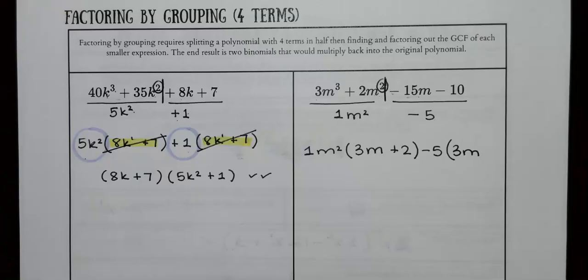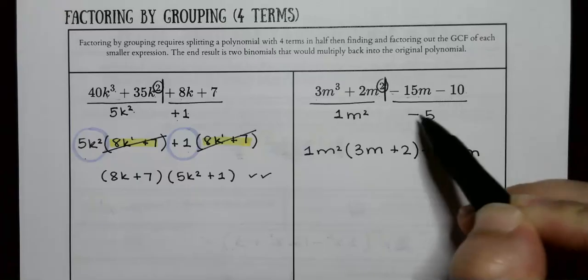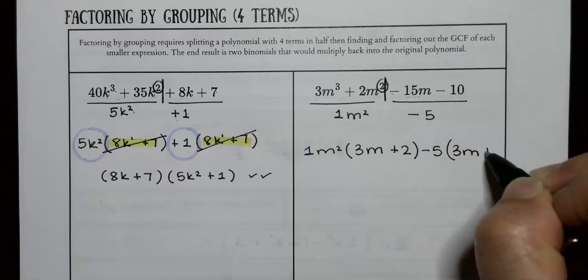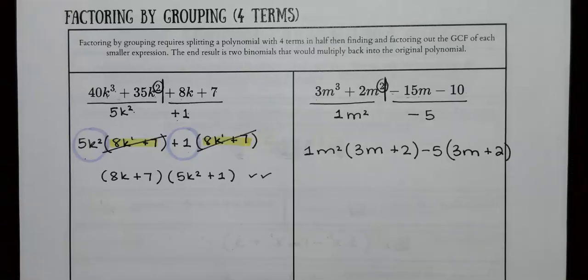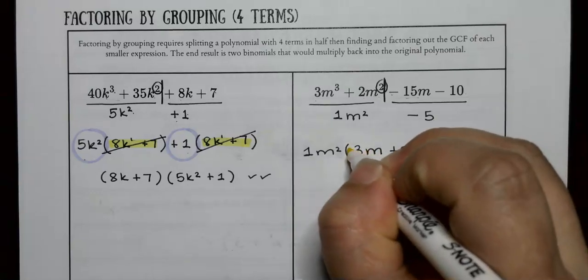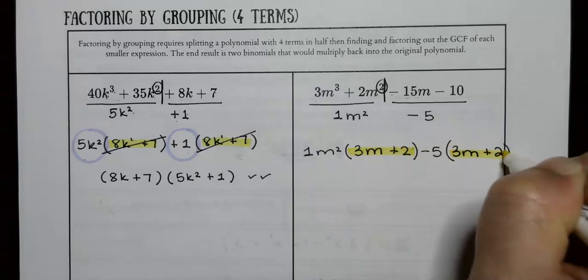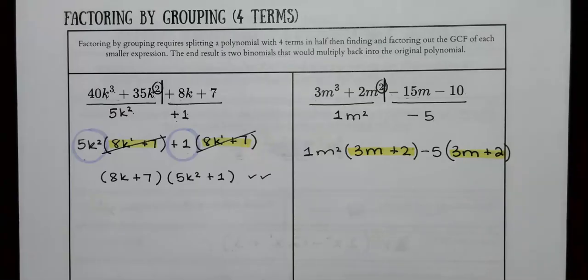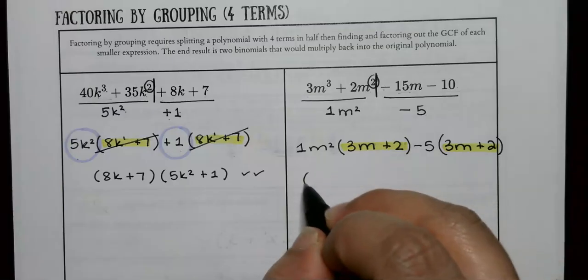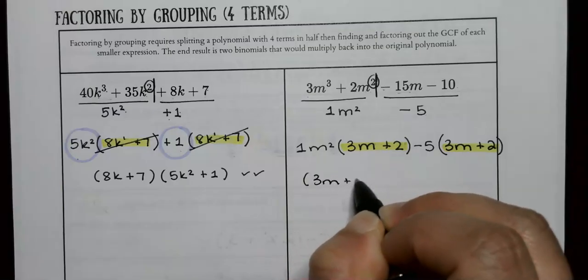Bring down the m. Negative 10 divided by negative 5 is a positive 2. Pause and look inside both of your parentheses to see if they're exactly the same. And we can see that they are. So because these are exactly the same, we're going to say 3m plus 2.